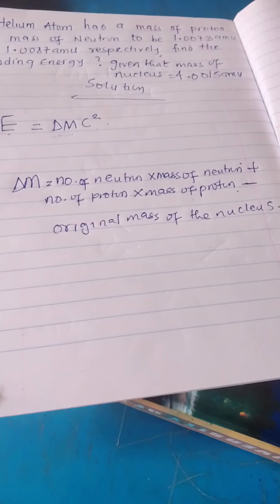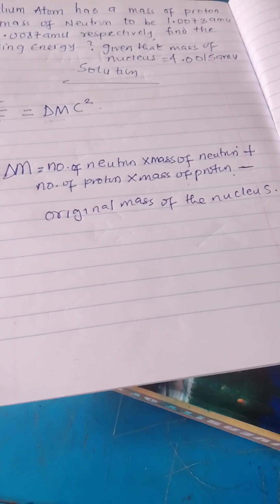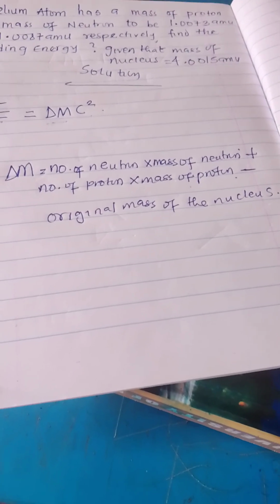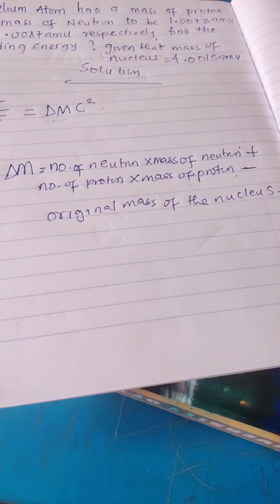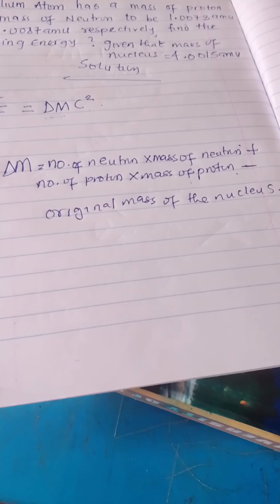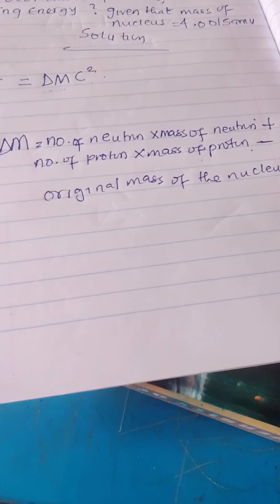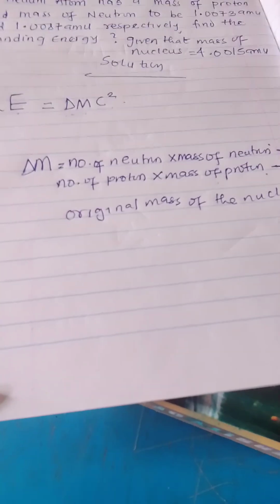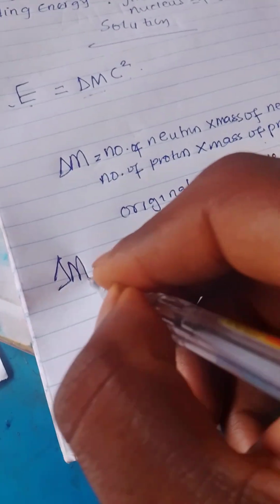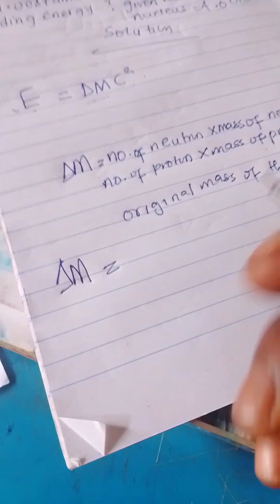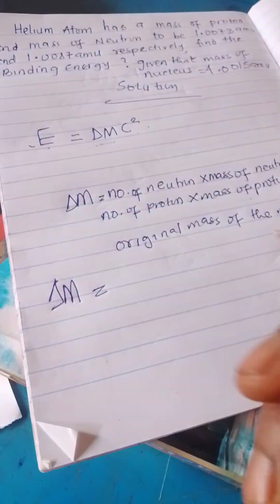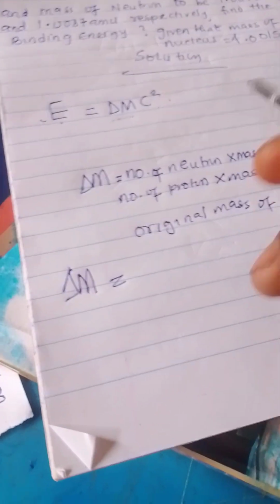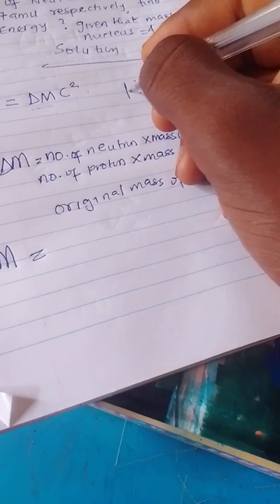So check your formula. The delta M, which is the mass defect, is equal to the number of neutrons times the mass of the neutron plus the number of protons times the mass of the proton, minus the original mass of the nucleus. So that's how to calculate our delta M. Now, what's the number of neutrons?